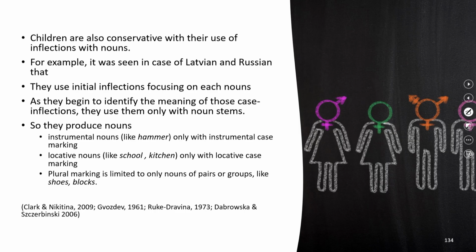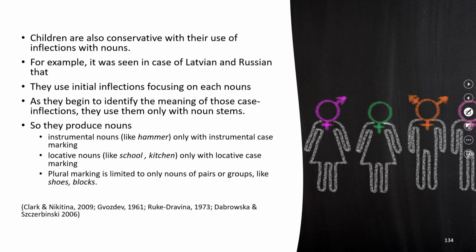So, they have not arrived at the rule yet. Once they start to understand the rule, for example, the case marking, they understand how a particular noun can be used in a case marked position. So, for example, the knife: I cut apple with a knife.